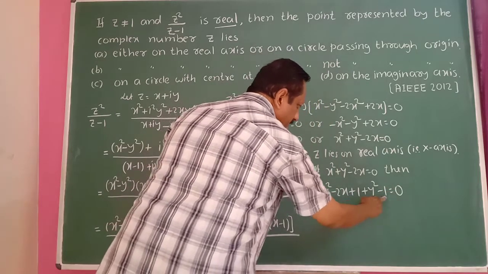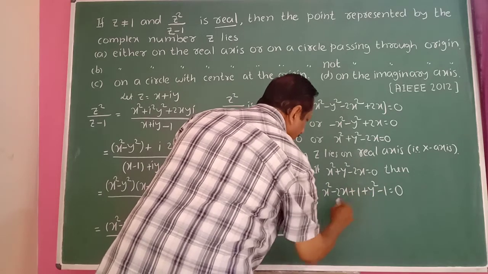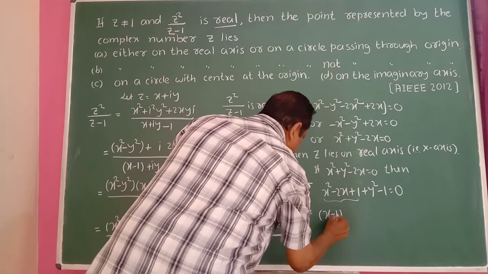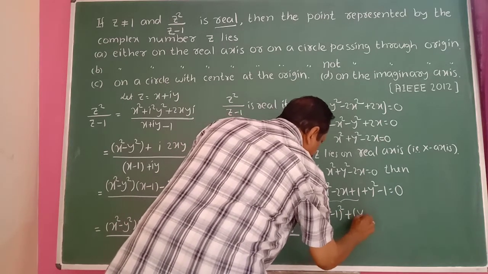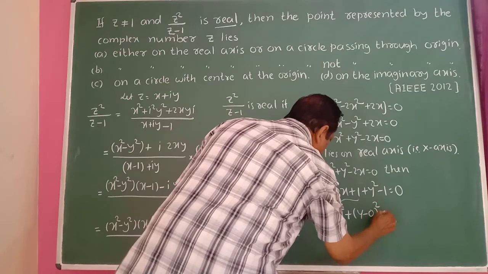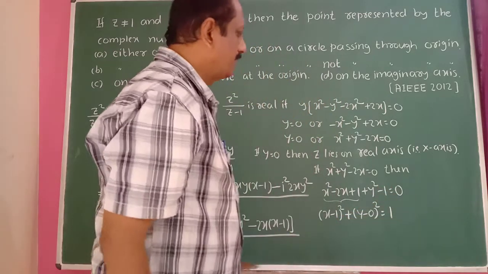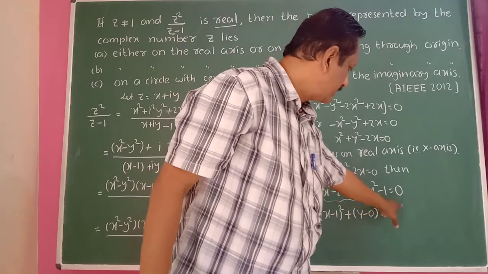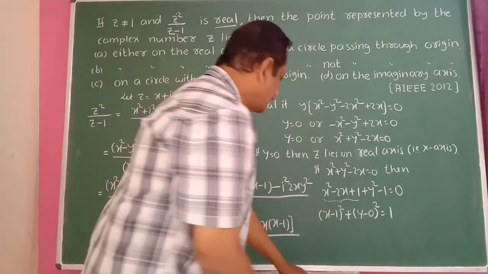These three terms can be written as (x minus 1) whole square plus y square, and we write y square as (y minus 0) whole square. Taking the minus on the right-hand side, it becomes plus 1. So obviously it is a circle.